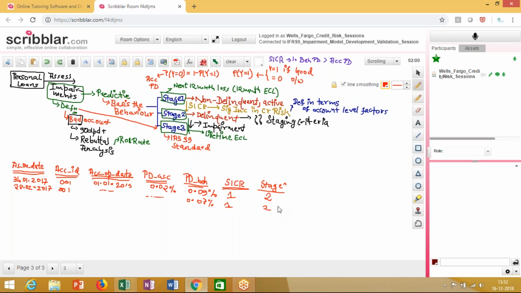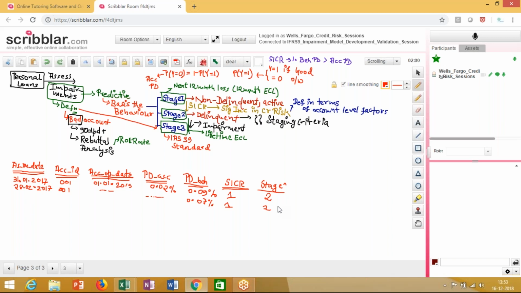If I want to do it for each account, I need to understand which stage the account is in. Now, if I want to do that, I need to know what my SICR criteria, the significant increase in credit risk criteria, is, because on that basis I will be putting the account into stage 1 and stage 2. The impairment definition will give me the hint as to when to put an account from stage 2 to stage 3.